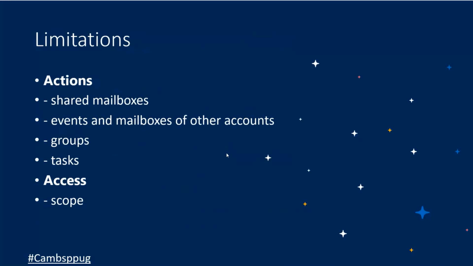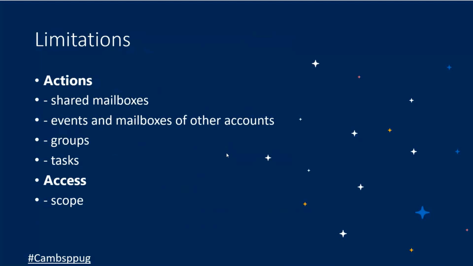For example, we have a limitation when we talk about shared mailboxes. This was the reason why I started learning this Microsoft Graph API deeply, because I needed to create functionality that would get access to the shared mailboxes in Outlook. I had to create my own custom connector, because shared mailbox functionality is really limited if we are talking about the out-of-the-box connector.